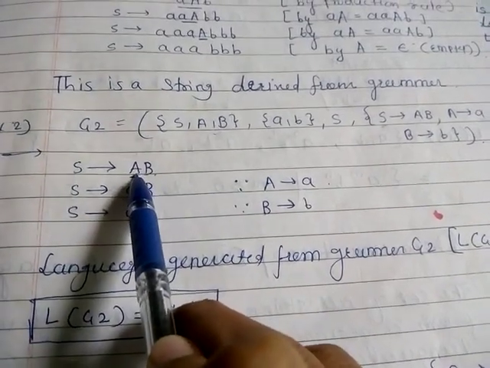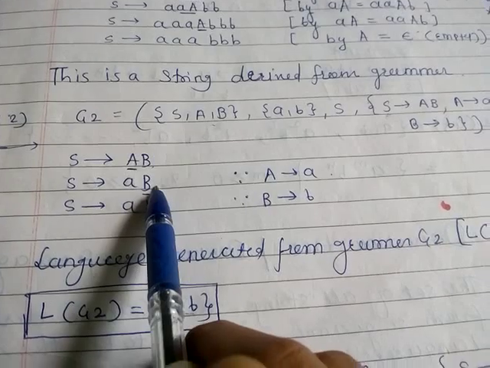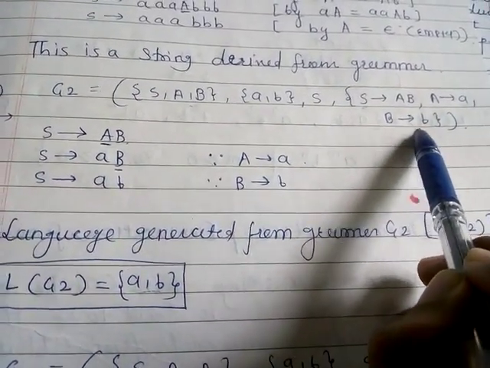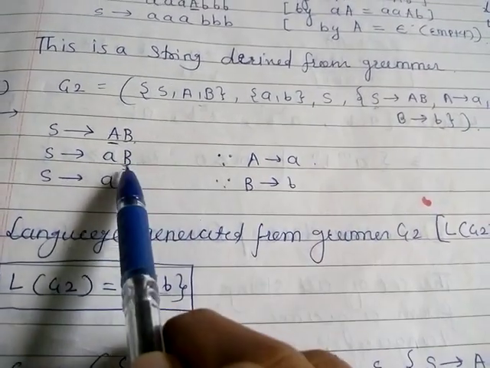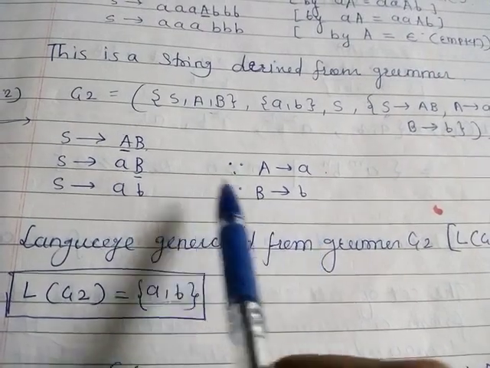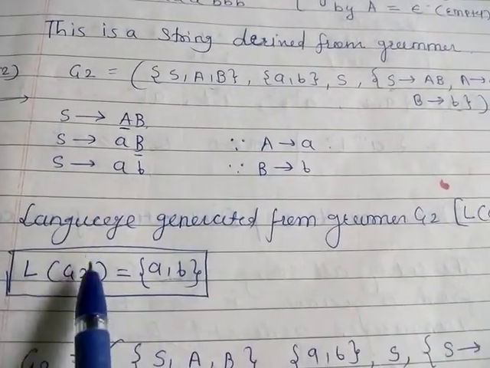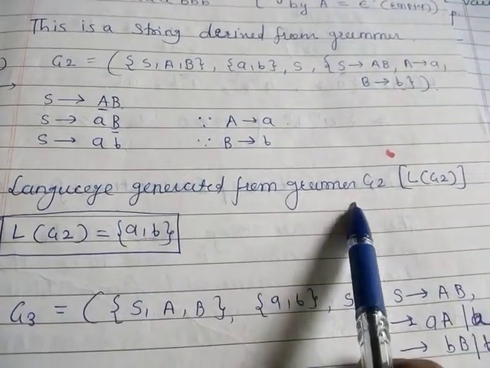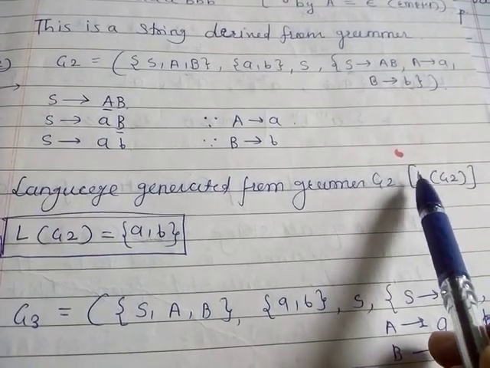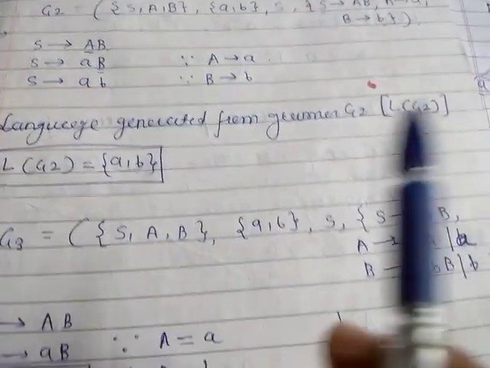Next, for B I already have the element in a production rule, that is small b. So I removed this capital B and instead of capital B I have kept small b. So the language generated from the grammar G2, that is L of G2, is ab. So this is the example.